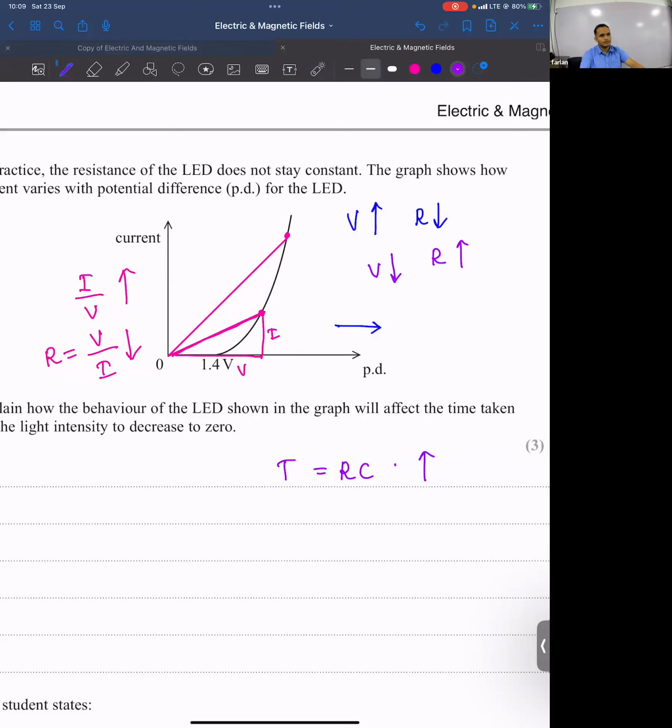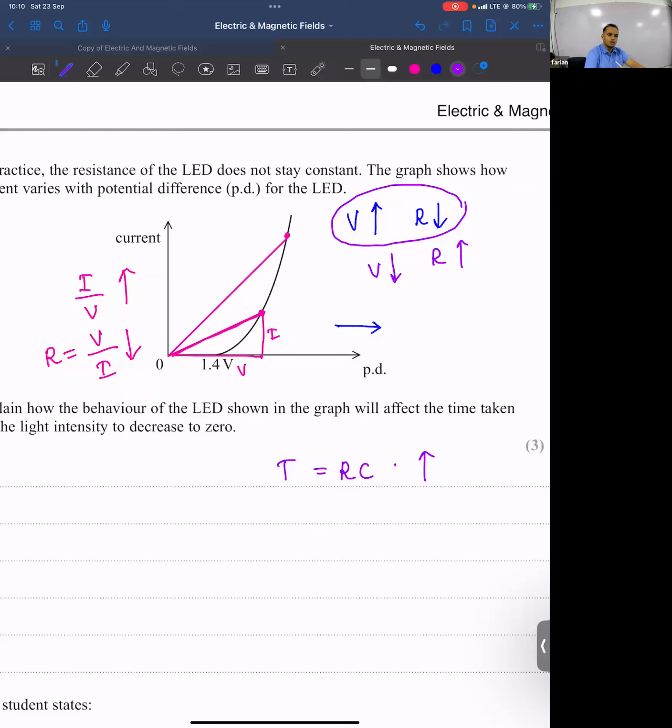What is your question? The graph shows when the voltage is increasing, the resistance is decreasing. Do you agree with me? When the voltage is increasing, resistance will decrease.